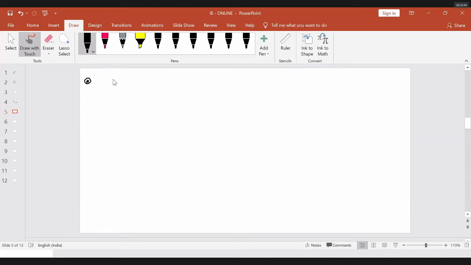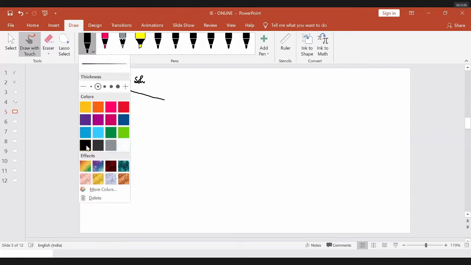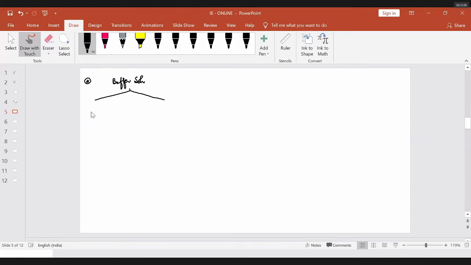Remember, in general, buffer solutions are of two types. One is called simple buffer. One is called mixed buffer.